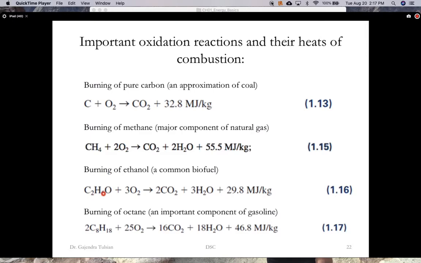You can make ethanol from corn, for instance, and a lot of gasoline nowadays contains ethanol. When you burn ethanol, you're releasing 30 megajoules per kg.